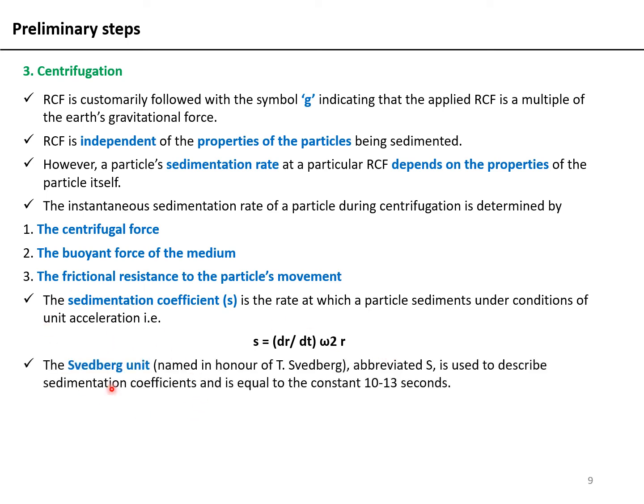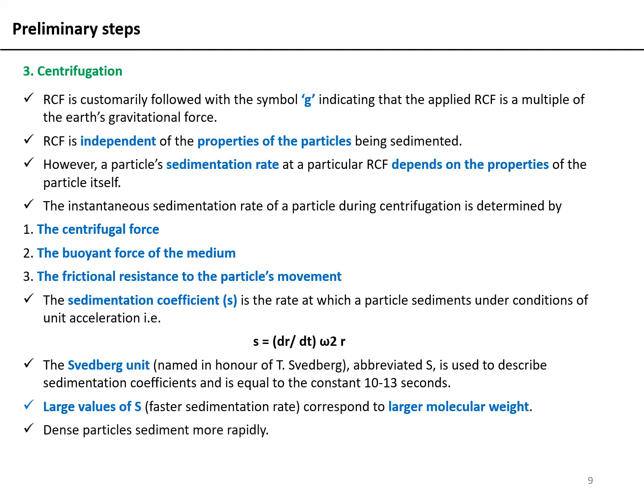The Svedberg unit, which is named in honor of the scientist who came up with this concept, abbreviated as capital S, is used to describe sedimentation coefficients and is equal to the constant 10 to the power minus 13 seconds. Large values of S, that is faster sedimentation rates, correspond to larger molecular weight.